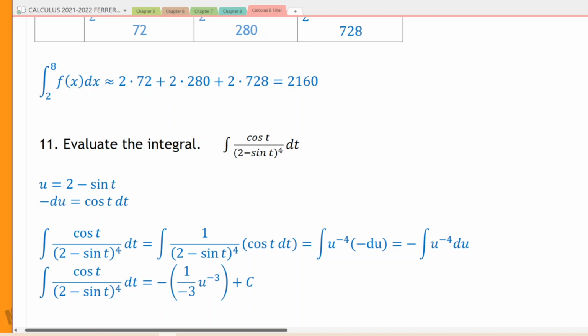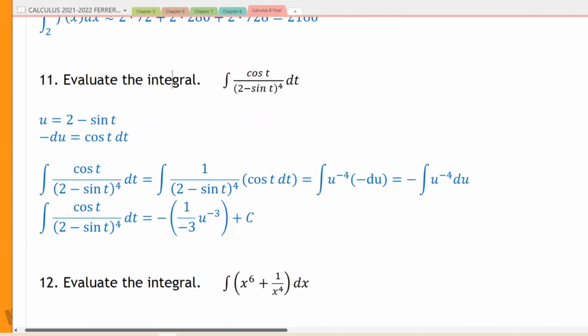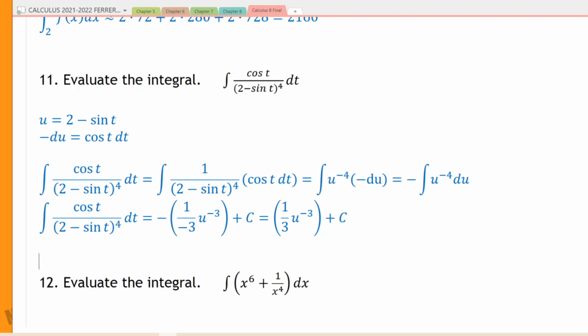Now you'll need to be a little bit careful here because negative 4 plus 1 is negative 3. If you don't have your integer addition thinking straight, then you might make a mistake here. We'll get rid of the negatives because we have 2 of them. And then we'll substitute. No, let's not substitute yet. Let's do that u to the negative 3 power.